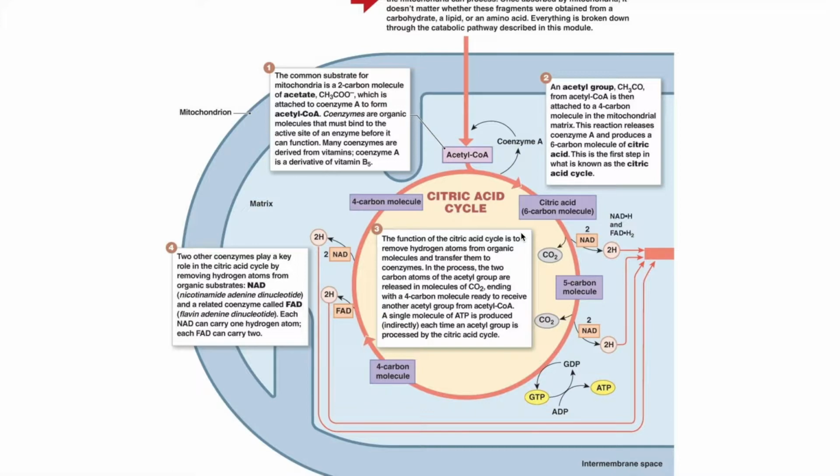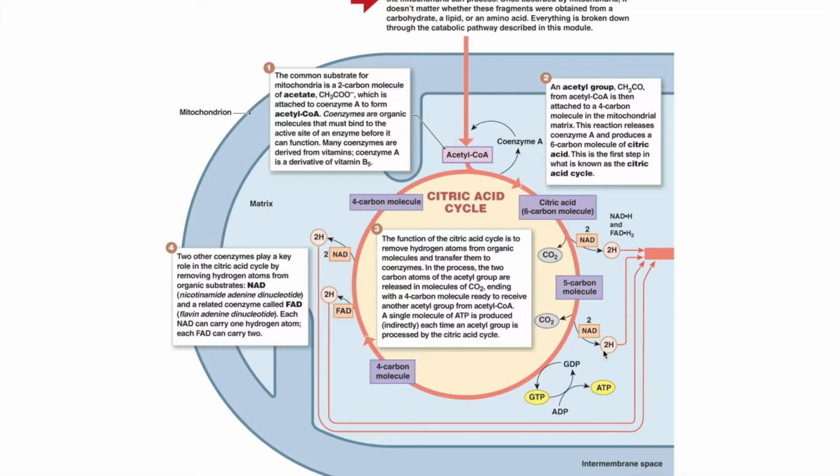So this is the citric acid cycle. The sugars will be absorbed and broken down into 2 carbon or 3 carbon fragments. Acetyl-CoA is the starting point for the citric acid cycle. And as they go through this, electrons are removed, and those electrons are storing energy. And those electrons are carried by NAD and FAD.